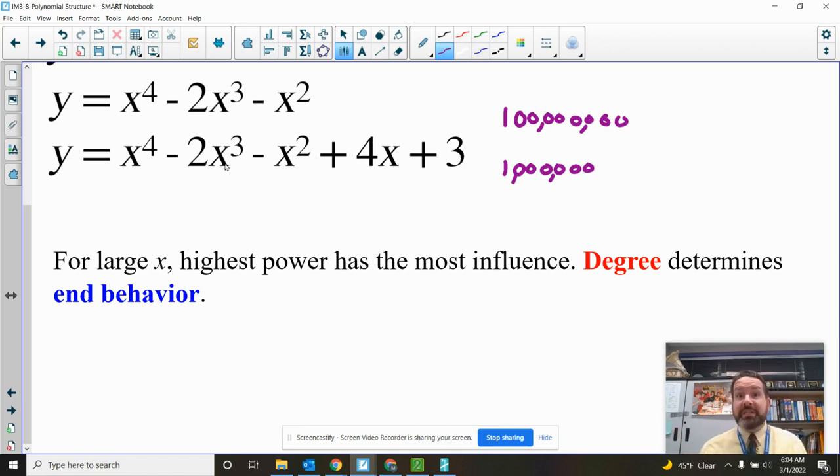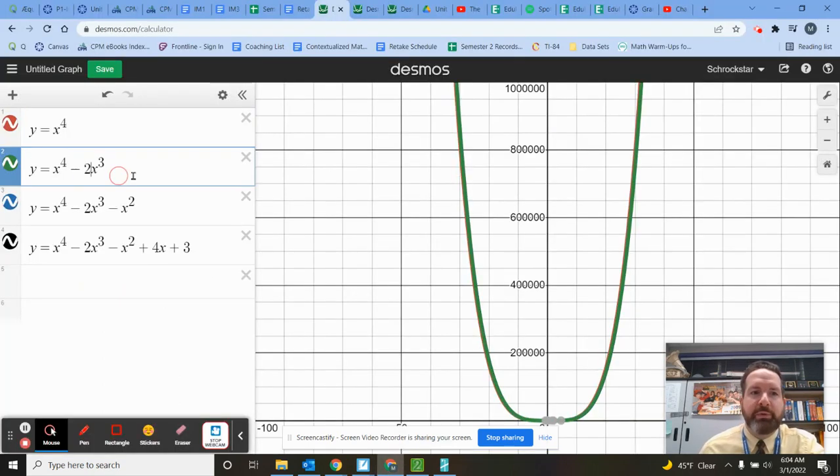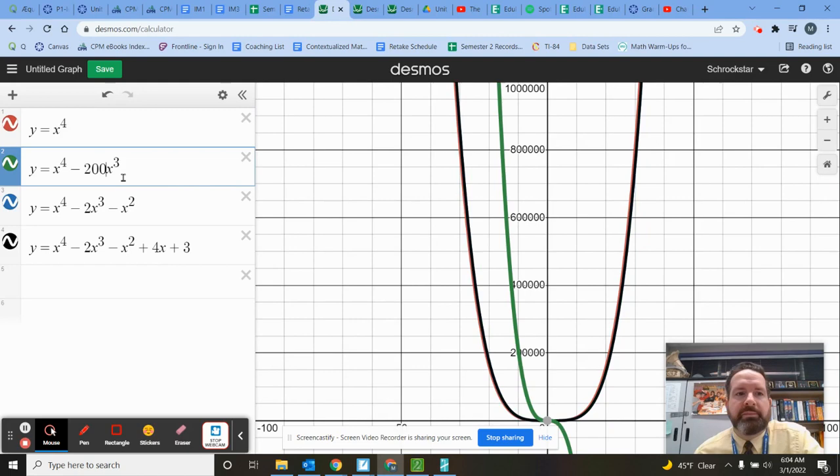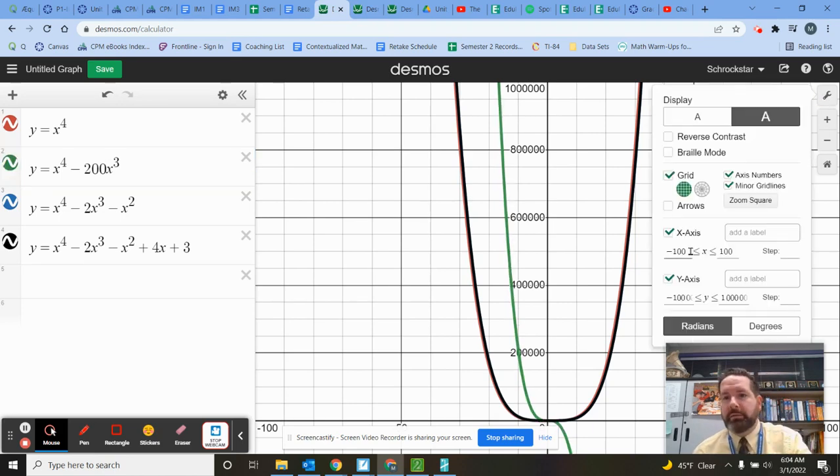When x equals 1,000, this front term is 1,000 times bigger. When x equals 1,000,000, this front term is 1,000,000 times bigger. And you may say to yourself, well, okay, Schrock, but what if instead of just coefficients of 2 and 1 and 4, what if we have coefficients that are bigger? I make it 200x to the third. Well, now these graphs look really different. And I agree. Let's change our window again.